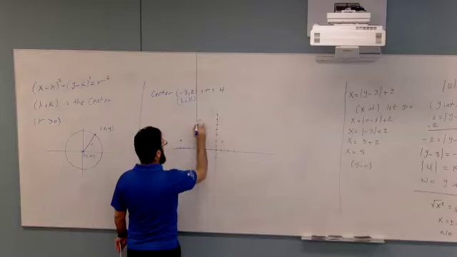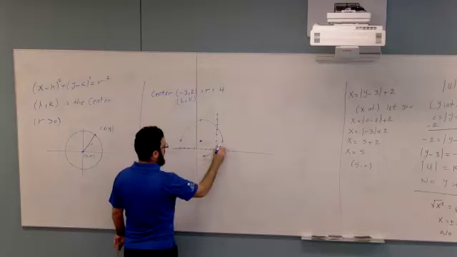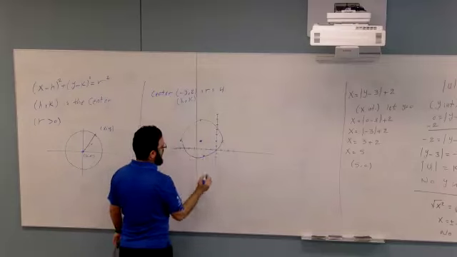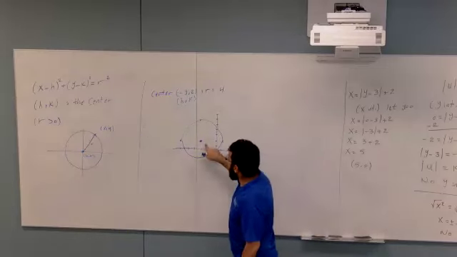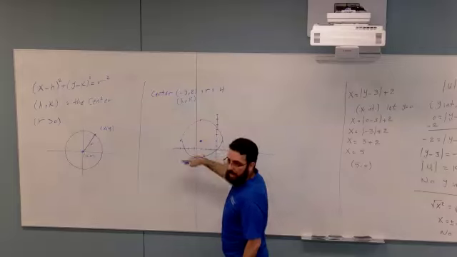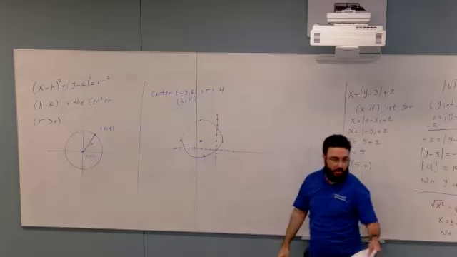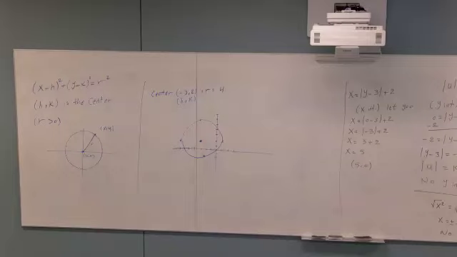It's not accurate, but that's how you're going to graph it. From the center, count 4 in each direction to get the circle. Is that okay?